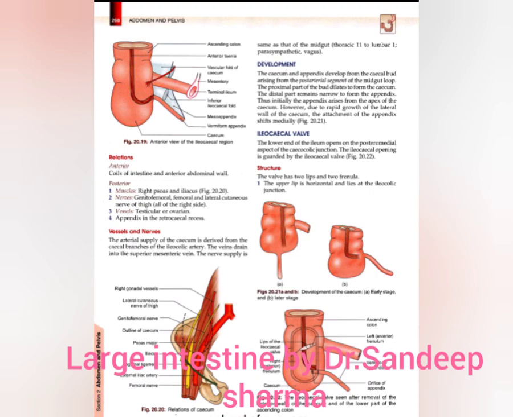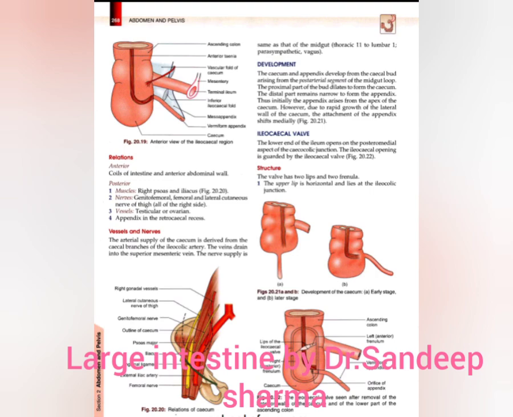Arterial supply of the cecum is derived from cecal branches of the ileocolic artery, and veins drain into the superior mesenteric vein. Nerve supply is the same as that of the midgut, thoracic 11 to lumbar 1, and parasympathetic is the vagus. The cecum and appendix develop from the cecal bud arising from the postarterial segment of the midgut loop.